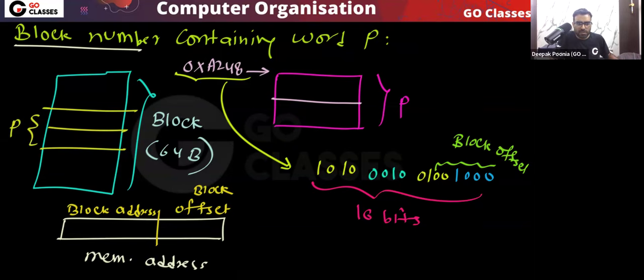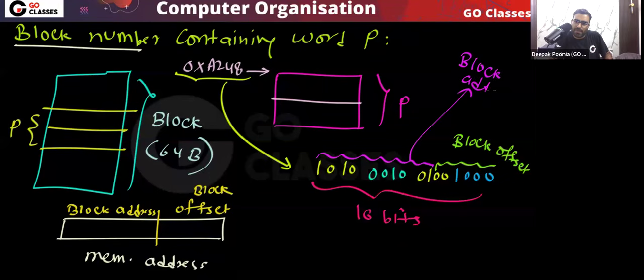And remember, the most significant, remaining bits are for the block address, or I can say block number. Either you can call it block address or block number. Very simple point.